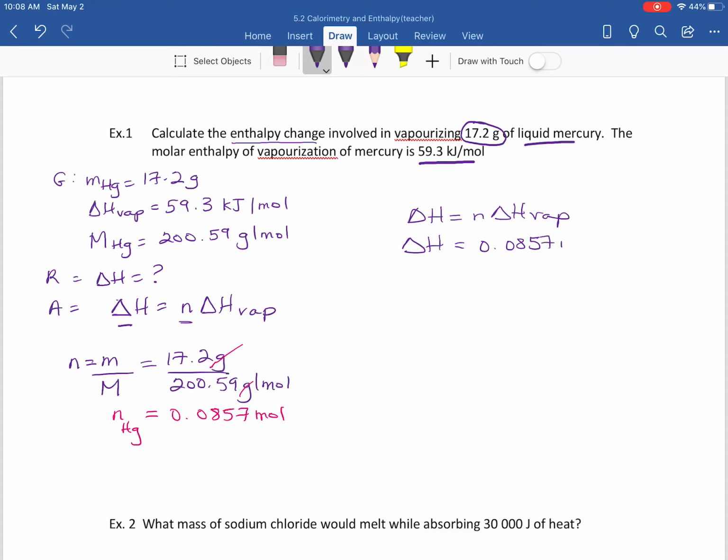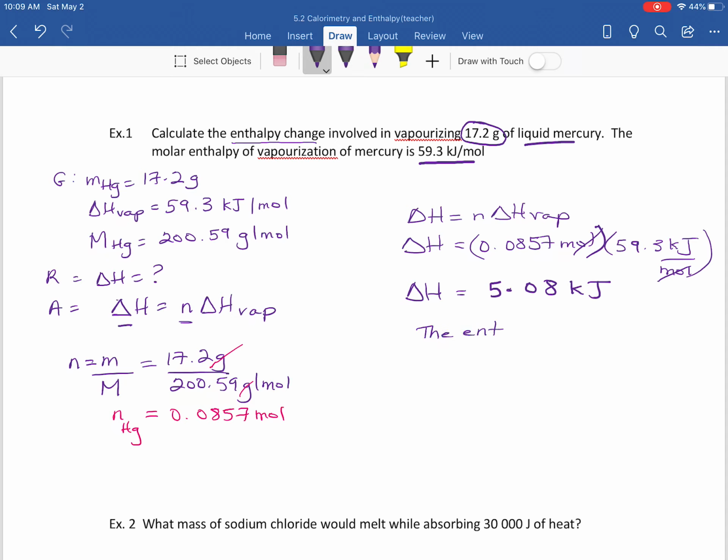So when we solve, all right, so that's my number of moles of mercury, and I get my molar enthalpy of vaporization from the question, or you'd be given a table and you'd have to find it, but it was given to us in the question. So 59.3 kilojoules per mole. When I cancel units out, you'll see that my units of enthalpy change are in kilojoules, and it's not per mole.